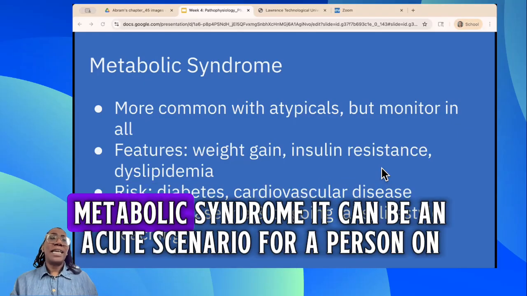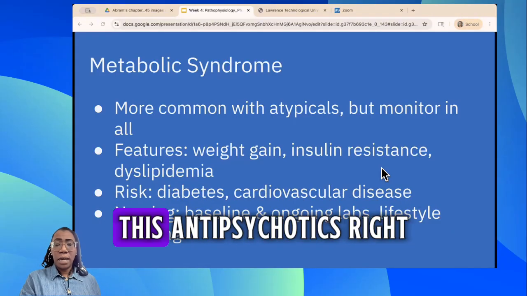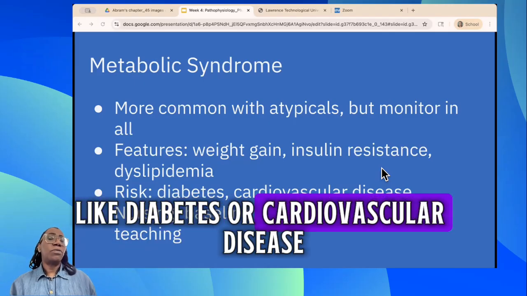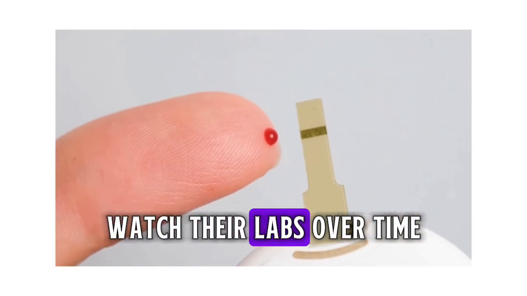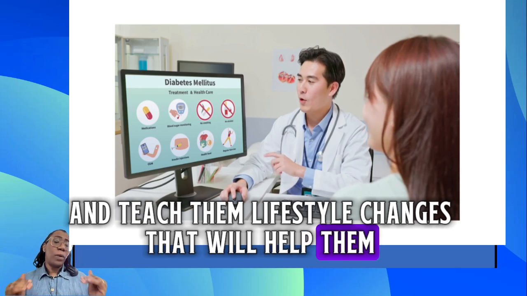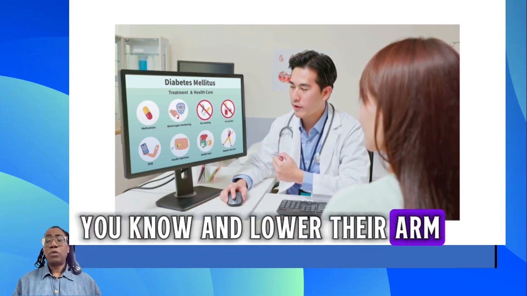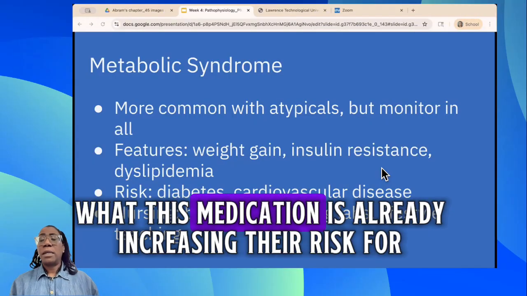Metabolic syndrome can be an acute scenario for a person on these antipsychotics, right? But it can become a chronic issue like diabetes or cardiovascular disease if we don't monitor that patient, watch their labs over time, and teach them lifestyle changes that will help them keep their weight in control, and lower their risk for what this medication is already increasing their risk for, and that's metabolic syndrome.